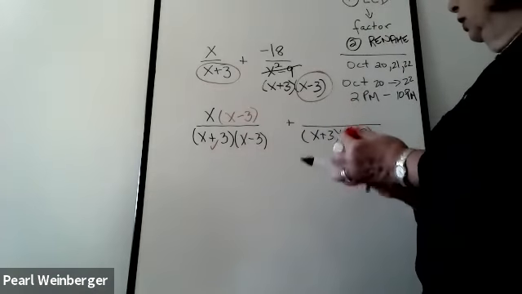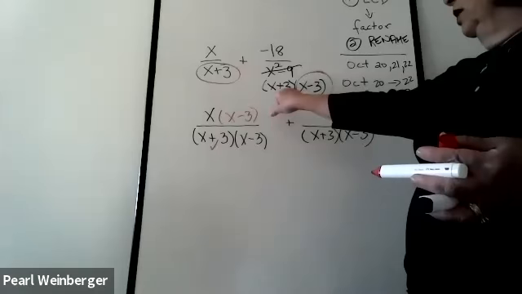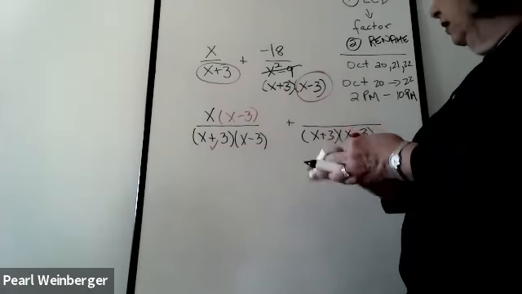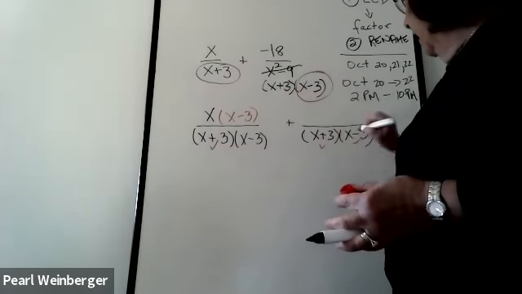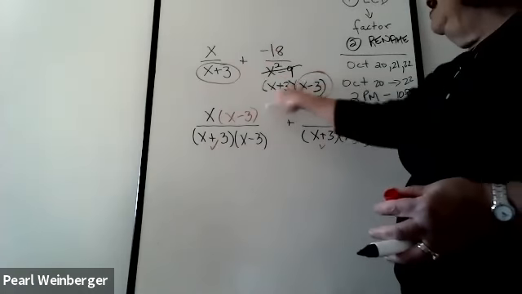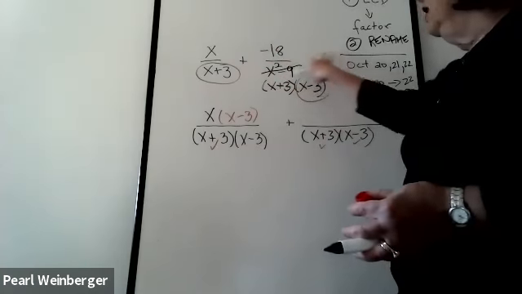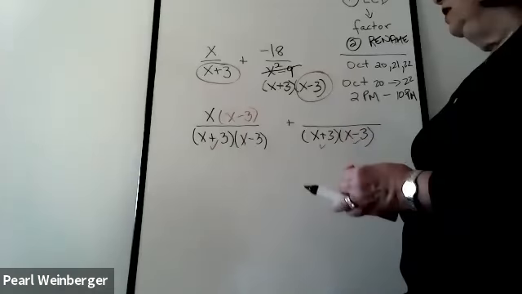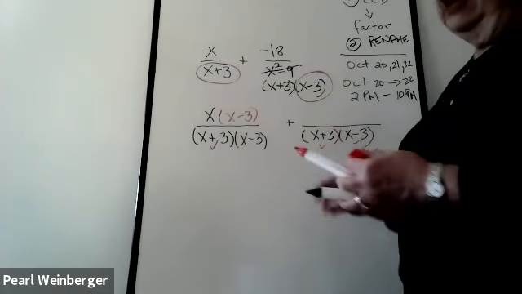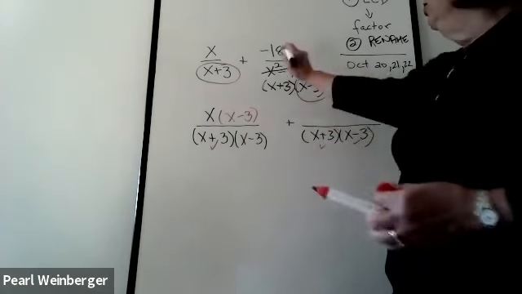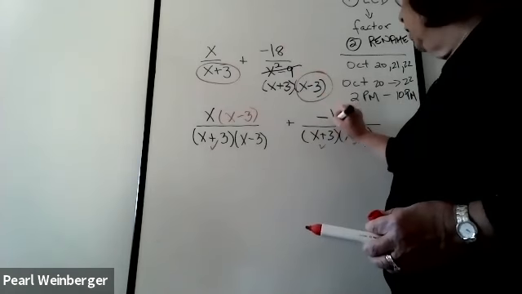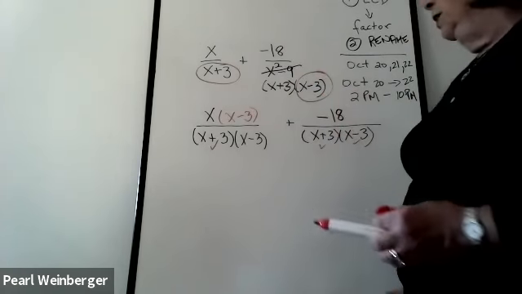What will we have to do in our second fraction? Well, in our second fraction, I have both the x plus 3 and the x minus 3. I haven't multiplied this denominator by anything. I left it the same. It was the LCD. So therefore, I'll just leave the numerator. I don't have to multiply the numerator by anything.